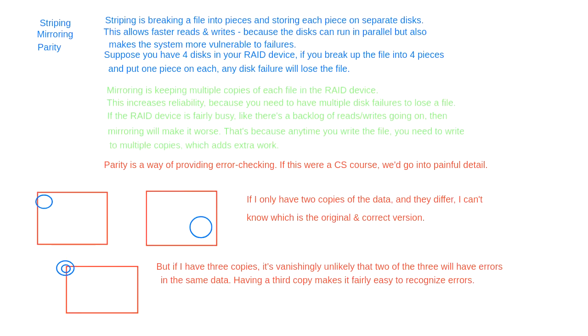Parity with mirroring will really slow down system write actions, because any change to one file necessitates changes to all files to keep up with the parity scheme.